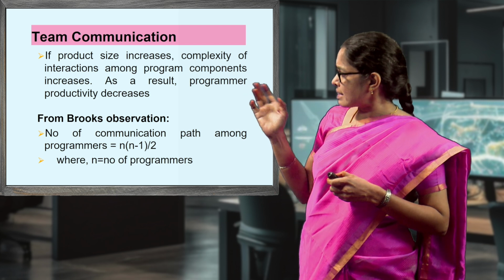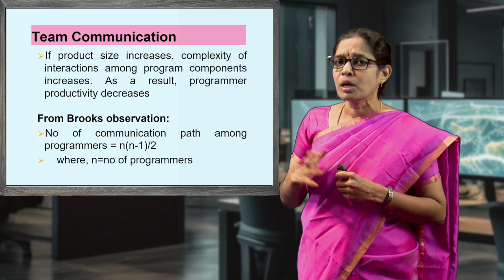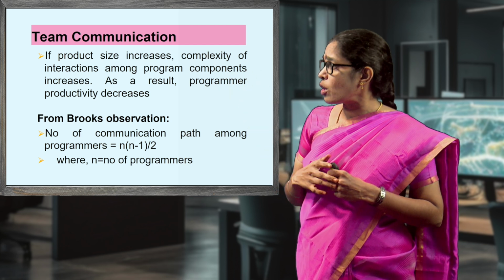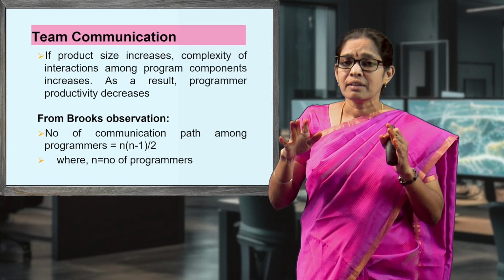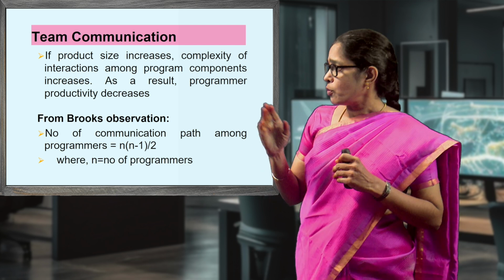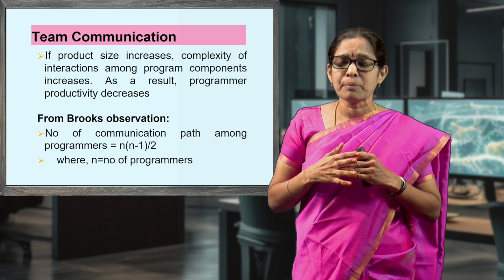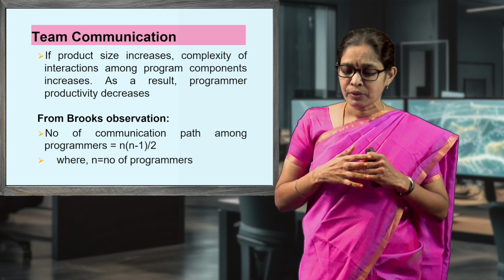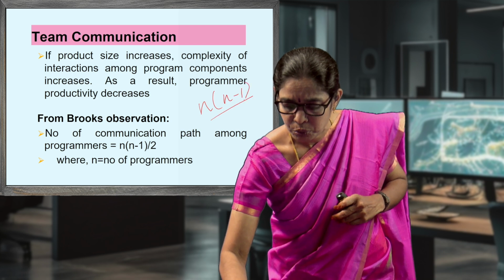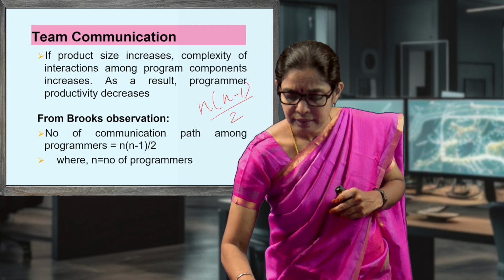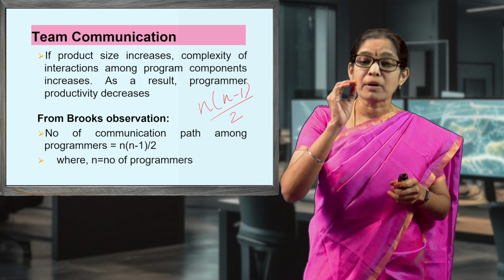If the product size increases, the complexity of interactions among program components also increases. As a result, programmer productivity will decrease. So, from Brooks' observation, the communication paths can be measured using the formula n(n-1)/2, where n represents the number of programmers.